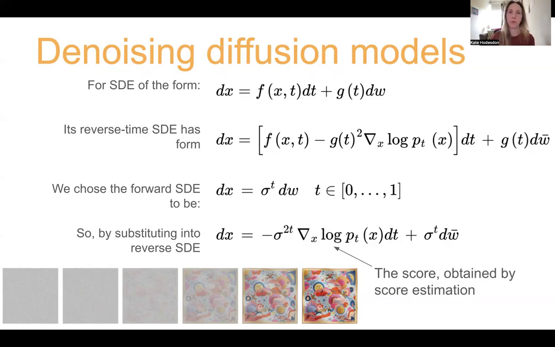So we're able to sample from our initial P of big T because we chose that to be something we could model, just a simple Gaussian. And then we can solve the reverse time SDE for that, enabling us to sample something from P of T minus 1. And so we proceed, obtaining incrementally less noisy samples until we end up with something that is entirely unnoisy and came from the original data distribution.